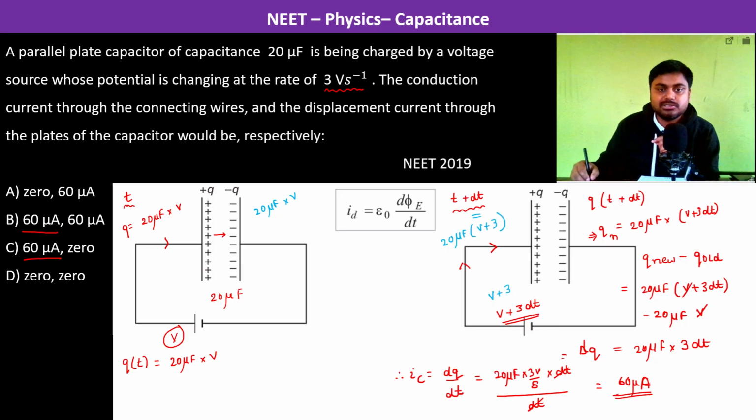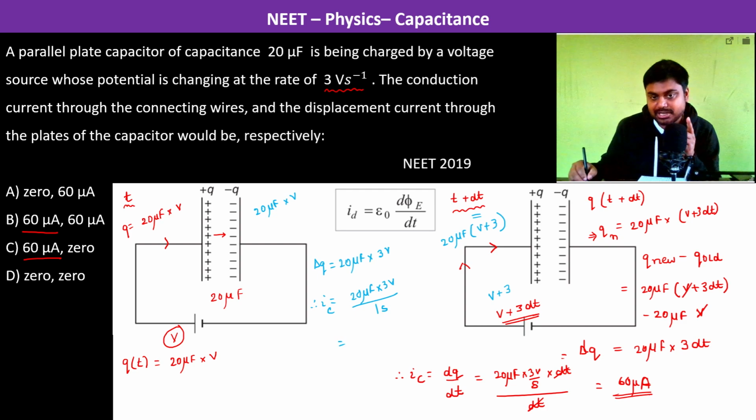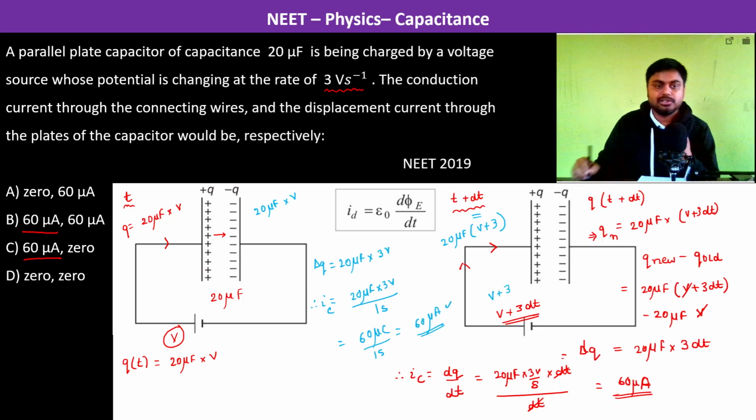So delta Q is 20 microfarads into 3 volts. The conduction current is equal to 20 microfarads into 3 volts divided by 1 second, which is 60 microcoulomb divided by 1 second, 60 microampere. Okay, this is the shortest method.